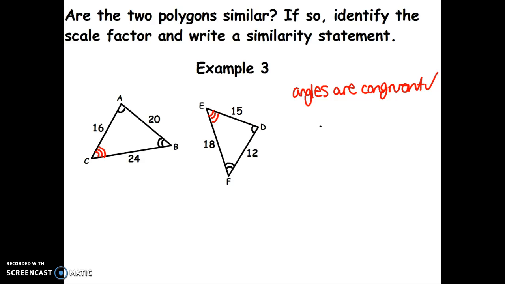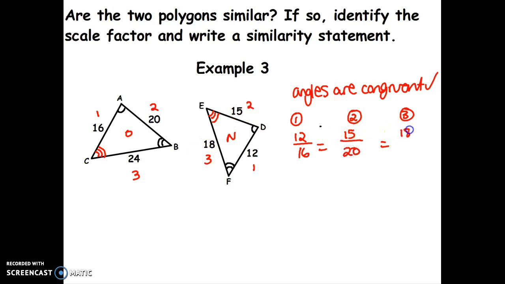Now we have to focus on our sides. So let's number them numerically. So this will be 1, 2, 3. 1, 2, 3. And let's set up our fractions. And I'll make this my old and my new. So 1 would be 12 over 16. 2 would be 15 over 20.